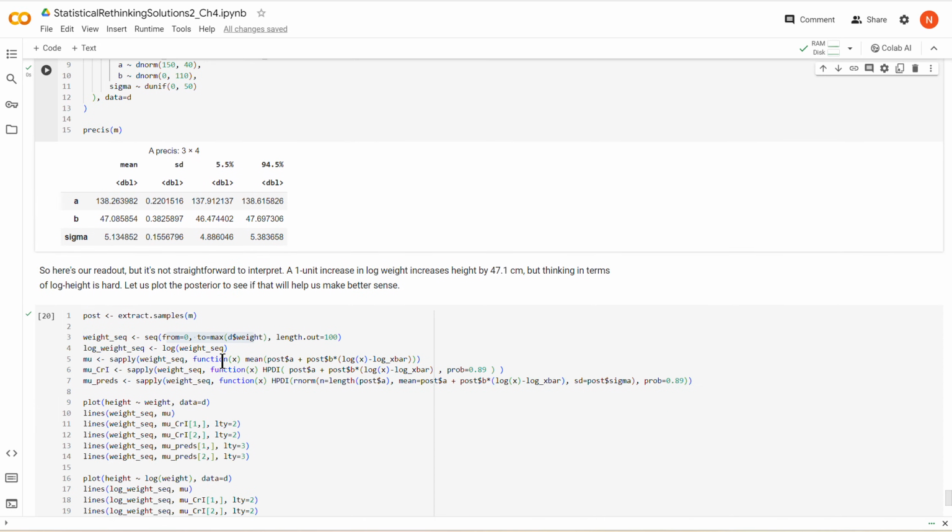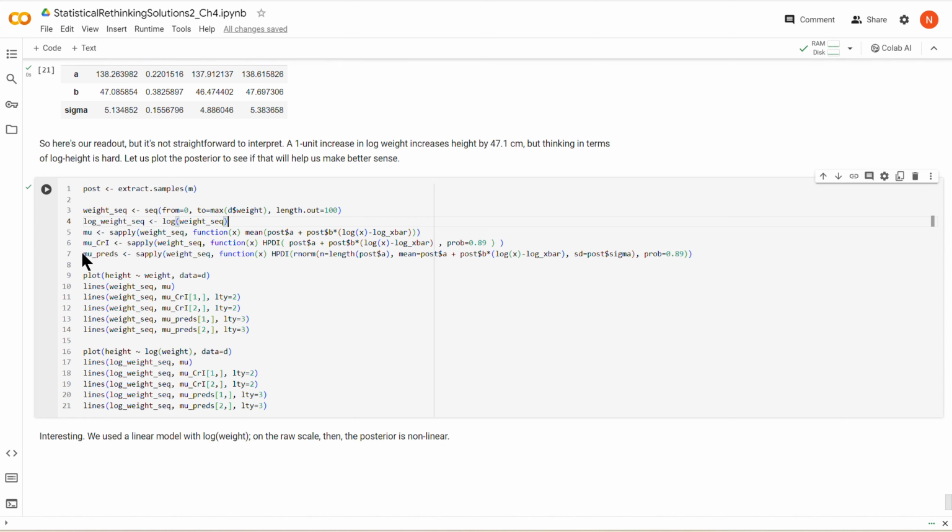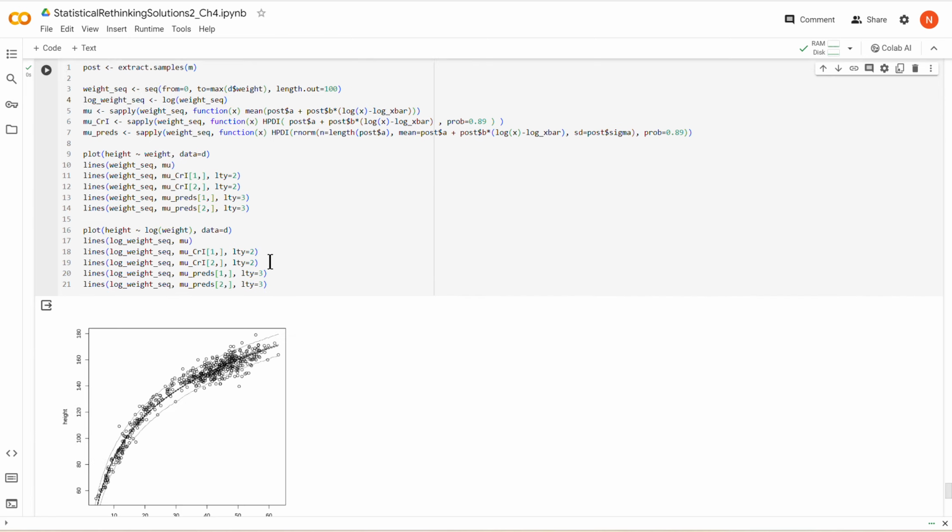All I've done is put the weight on the raw scale. I've also created this new variable that I'm calling log weight seq, because we're also going to plot it on the logarithmic scale, just to highlight a couple of things. So let me run these plots here.